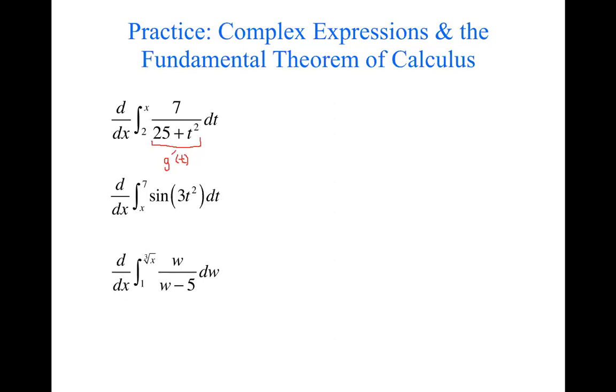Well, g accumulates. It would be g of x minus g of 2, according to the fundamental theorem of calculus. That covers this portion then, because as long as g is any antiderivative of g prime, then what we have is true according to the fundamental theorem of calculus.